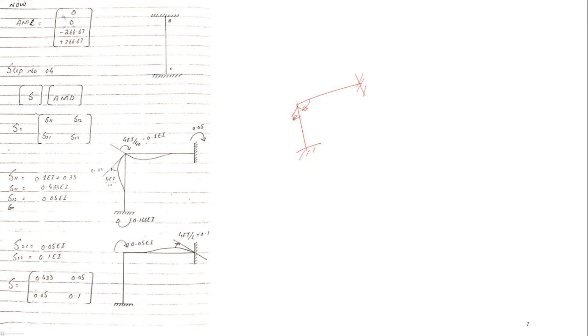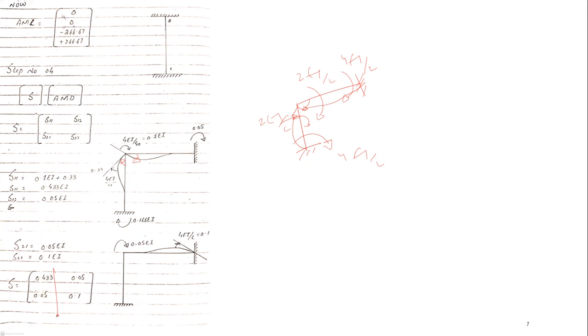So the deformed shape would be like this. This is also clockwise, and everything would be clockwise. You should know that this is 4EI by L, this is also 4EI by L, this is 2EI by L, and this would be 2EI by L. And corresponding reactions, if required, are very easy: 6EI by L square.